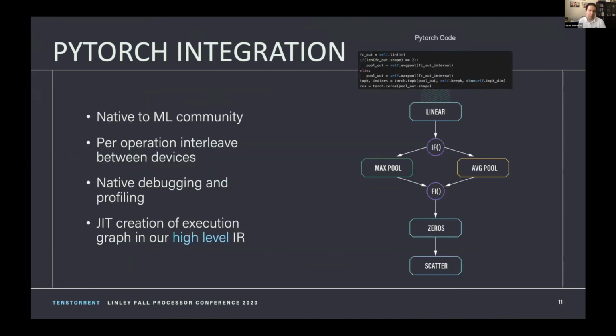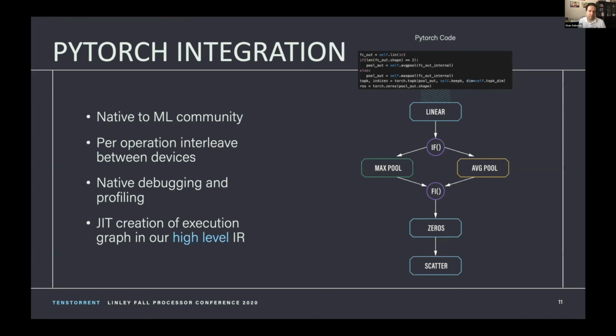At the top of the stack is integration into frameworks, of course, and we've decided to start with deep integration into PyTorch because it's one of the more popular frameworks, but it also provides a lot of really neat features that we're using. I'm going to highlight one that I think is particularly interesting, which is that PyTorch allows us to interleave instructions between our device and other devices.